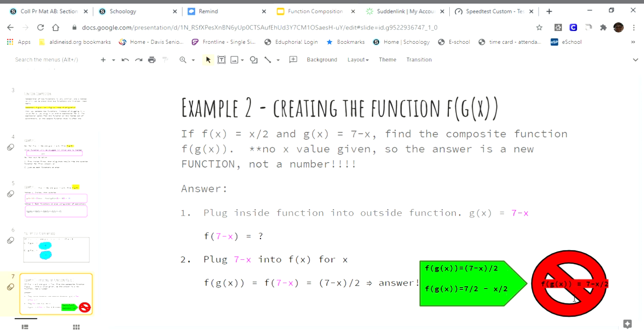Over here in the red one, only the x is getting divided by 2. These are different expressions. They are not the same. Green ones are good. The red one is bad. Make sure when you are plugging in expressions, a function inside a function, parentheses must be involved or your answer may end up incorrect.